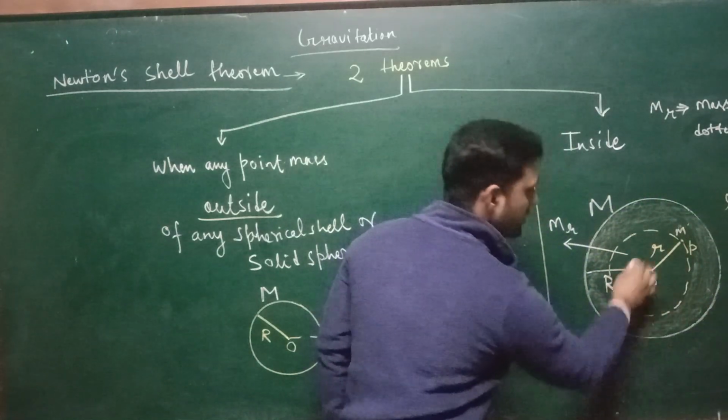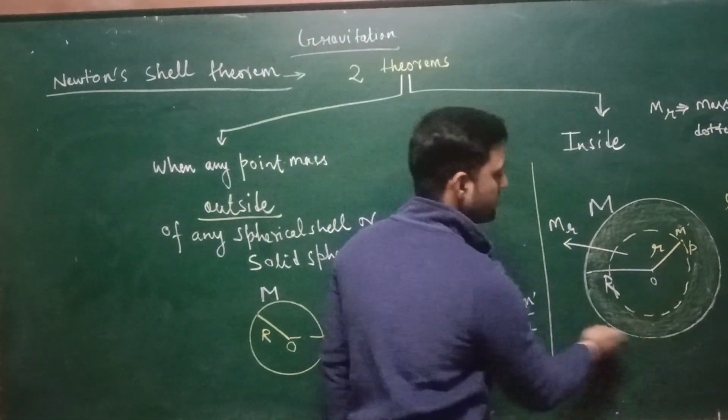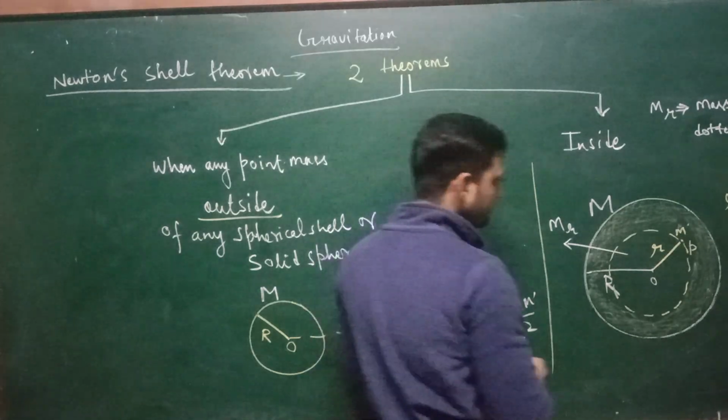Dotted sphere का मतलब ये जो अंदर sphere है इसका mass, ये जो colored sphere है इसका mass neglect करना पड़ेगा.